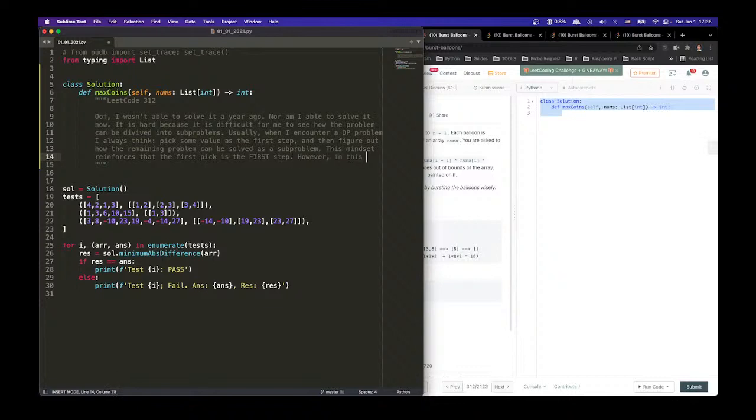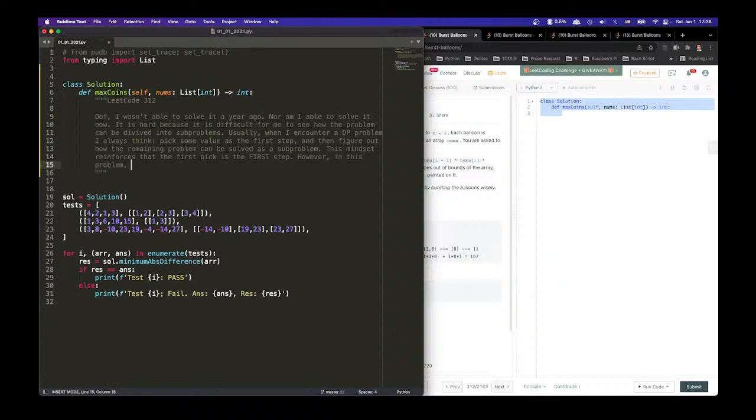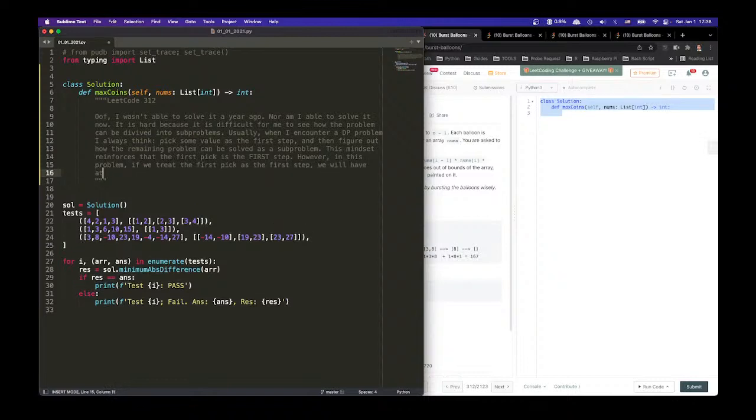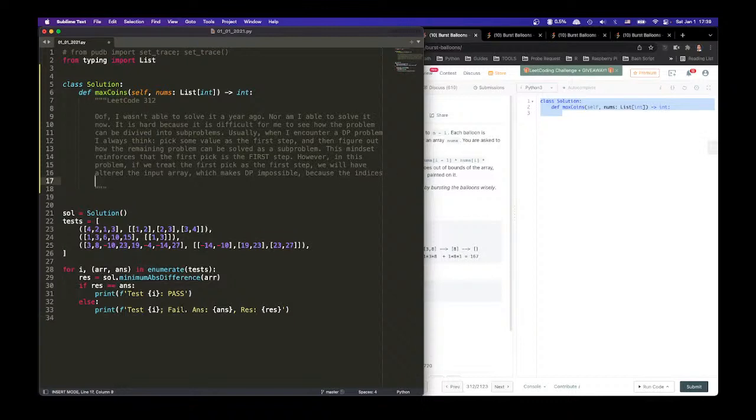However, in this problem, if we treat the first pick as the first step, we will have altered the input array, which makes DP impossible because the indices change.